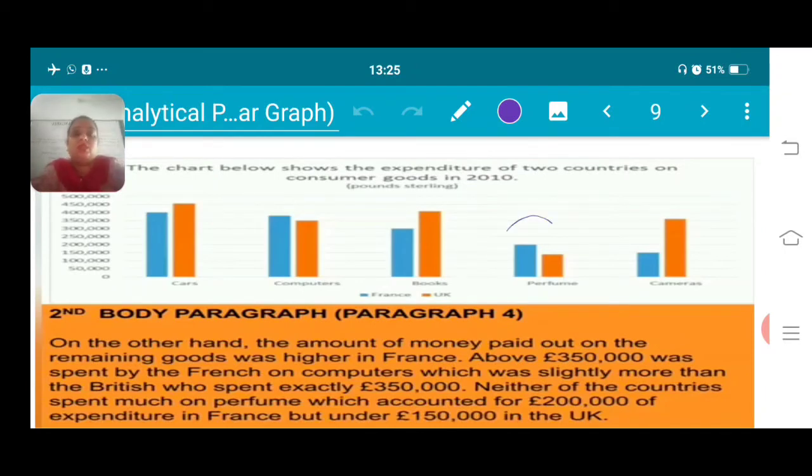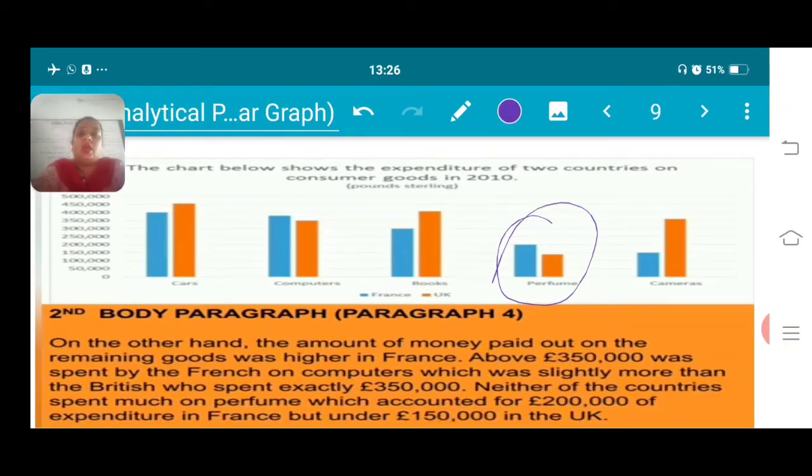This also we have noticed here, that both of the countries did little expenditure on perfumes, right? So this is also the main point of this bar graph, that neither of the countries spent much on perfume, which accounted for 2 lakh pounds of expenditure in France, but under 150,000 in the UK.